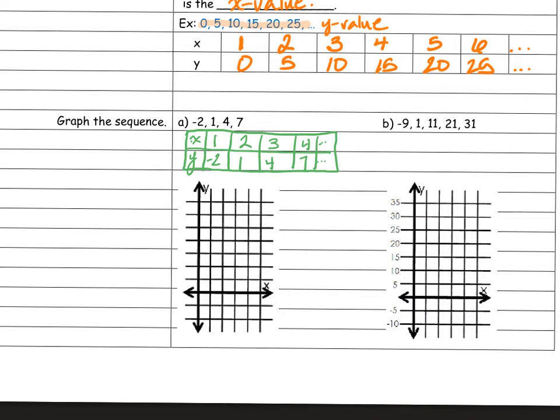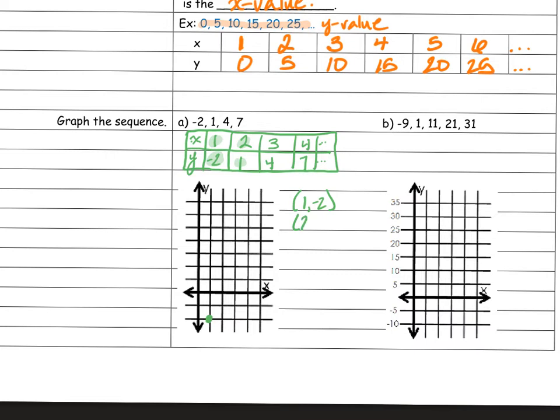So my first point, if I'm going to write this out, is going to be 1, -2. Here's my x value, 1, and my y value is -2. So 1, -2 should be there. And my second point is going to be at 2, 1.